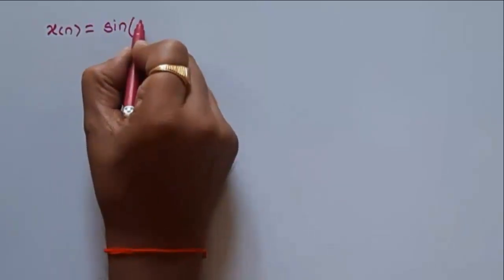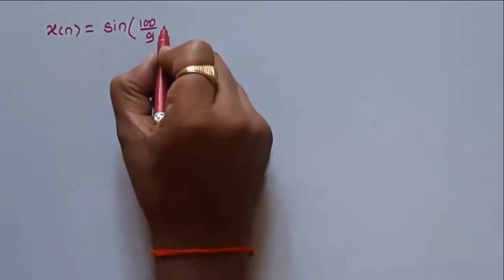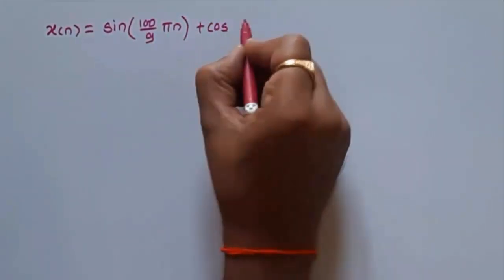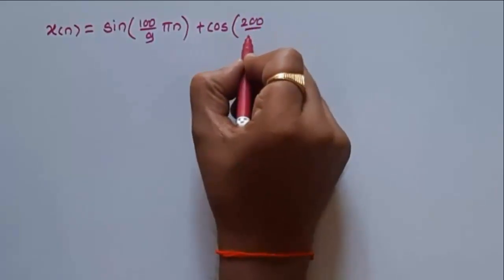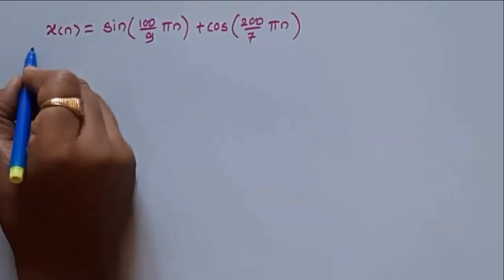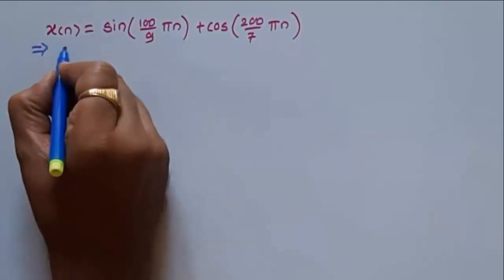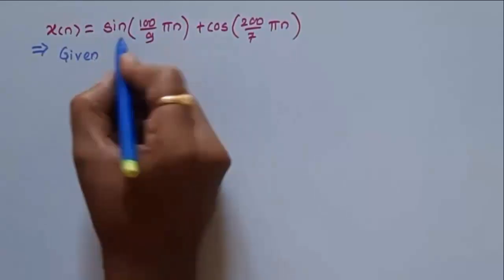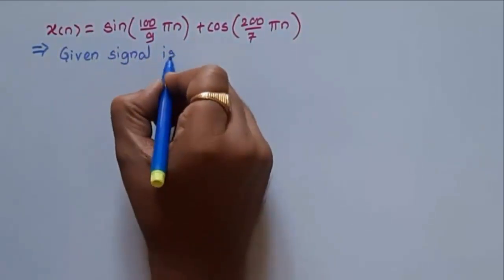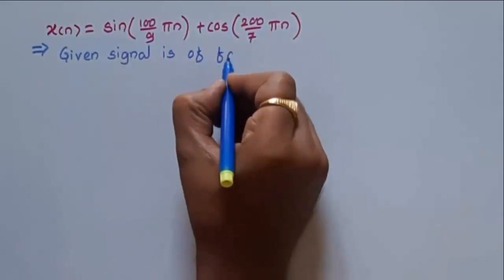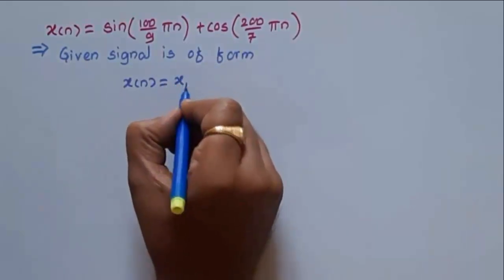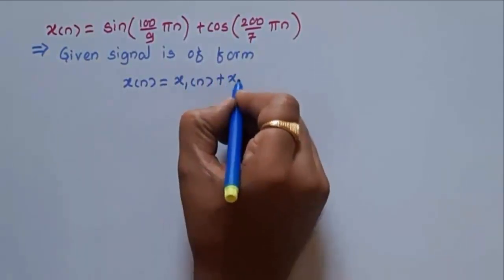Next example, x of n is equal to sine 100 by 9 pi n plus cos 200 by 7 pi n. Here, the given discrete time signal is of the form x of n is equal to x1 of n plus x2 of n.